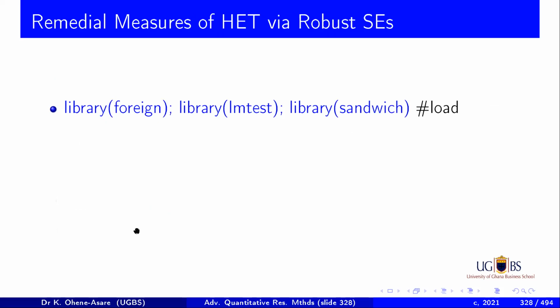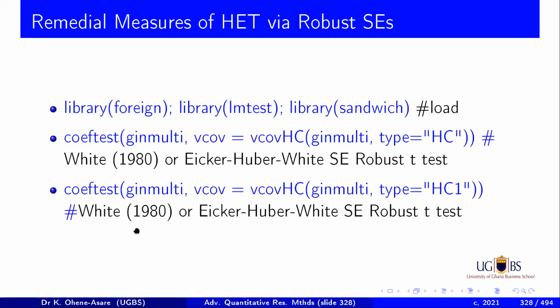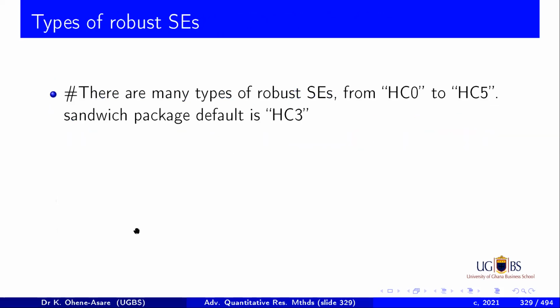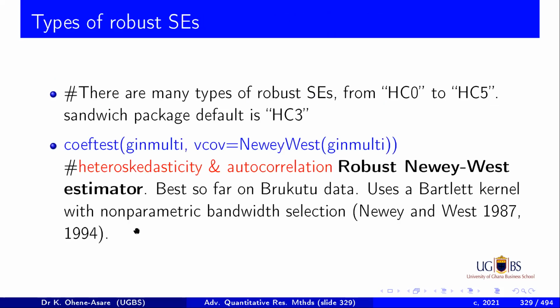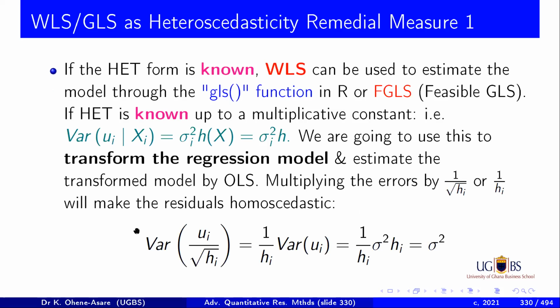So these commands that you are seeing here were commands that we used to correct for the standard errors. And I also mentioned a particular way of solving not just heteroscedasticity, but even autocorrelation. You remember I said that. I mentioned it as a robust West estimator, and we indicated that that was the best so far.